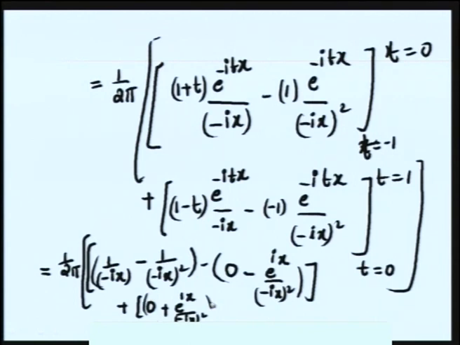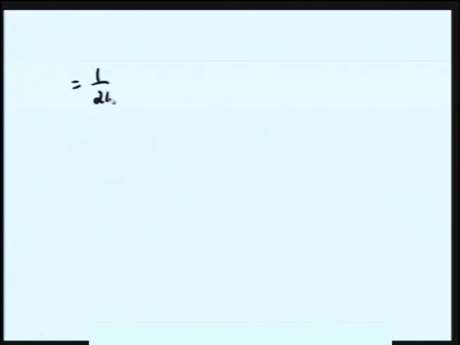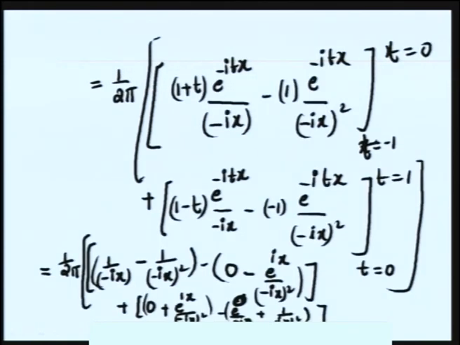Then minus lower limit, e power minus e power 0 by minus ix, minus into minus, plus 1 by ix whole square. You have to do this very carefully. What does the simplification go as? It is 1 by 2 pi, 1 by minus ix.